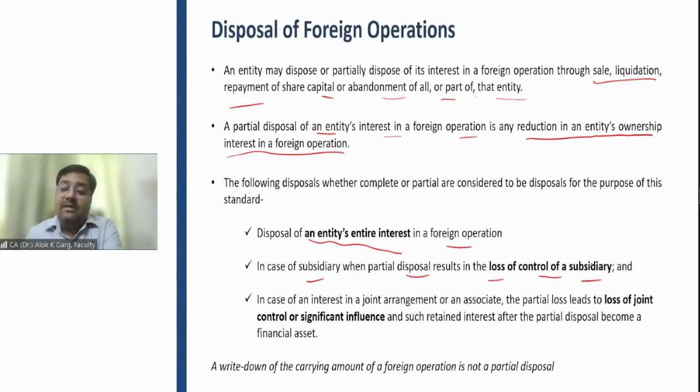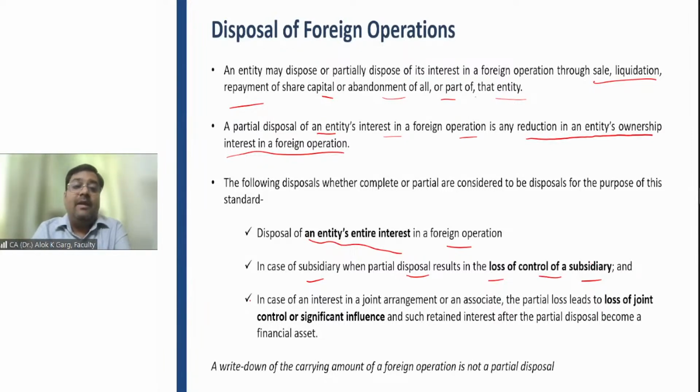So in that case, if I have to consolidate again, I have to create an FCTR. Whatever proportionate FCTR is there, the stake which I have lost is 20%, so I have to de-recognize the FCTR to the tune of 20% and recognize it as a part of non-controlling interest, right?